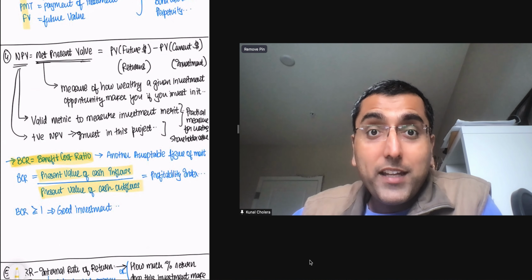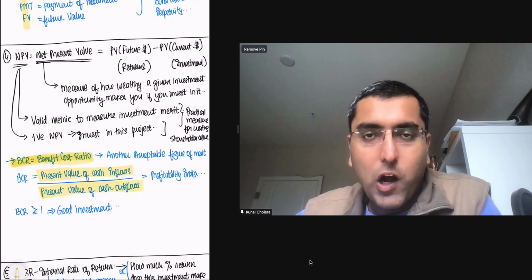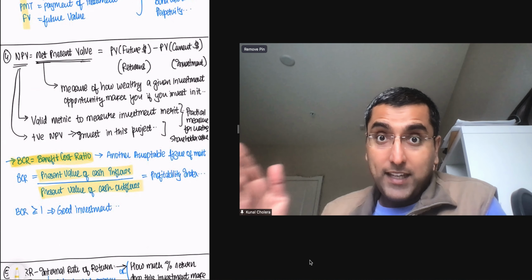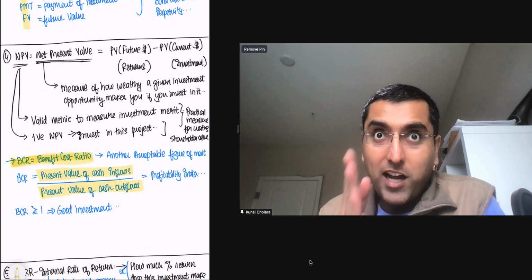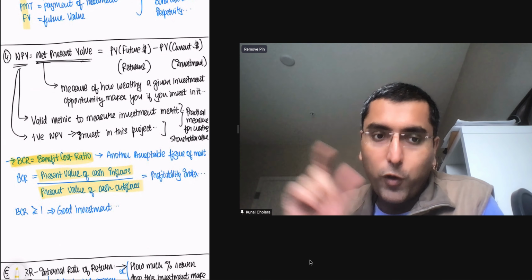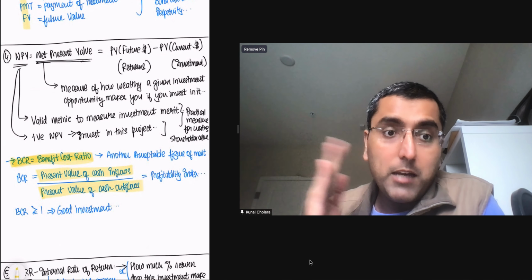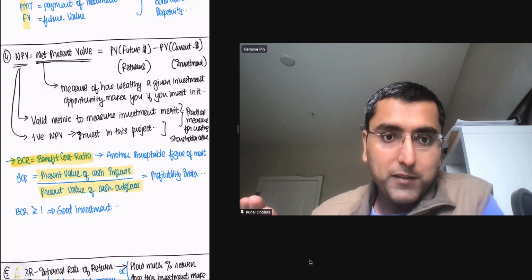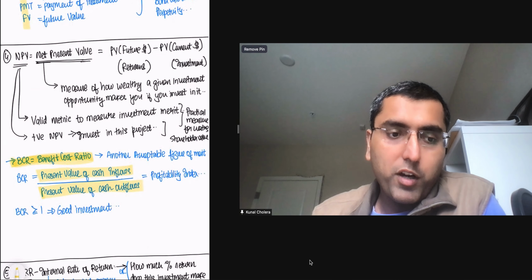So if you get more money, that's your numerator, inflows, and then you put in less money, outflows, all in the same time, then that's the present value of all of those. So profitability index greater than 1 is a good investment. NPV greater than 0 is a good investment. So these are practical metrics that we can use to evaluate if it's a good project or a bad project.